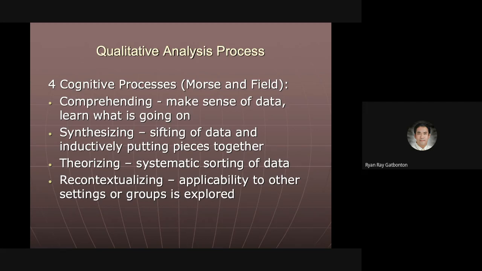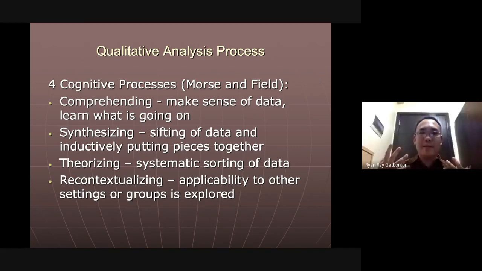Kasi kapag sinabing quantitative data, magti-theory ka muna, saka ka magko-collect ng data. Kabaliktaran kapag qualitative analysis. Tignan mo muna yung data, saka mo siya i-connect ngayon sa teorya. Okay? Kasi you try to induce, inductively think, of what you have collected from your respondents.